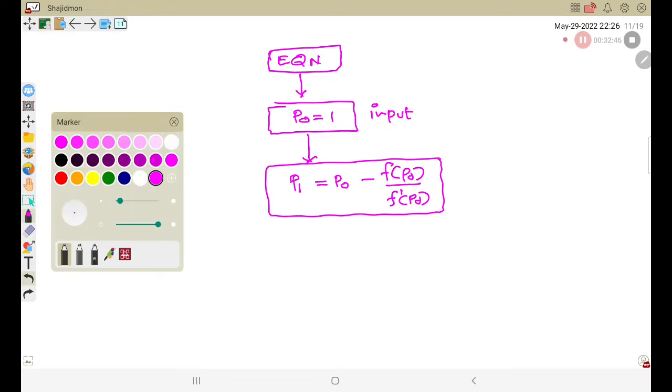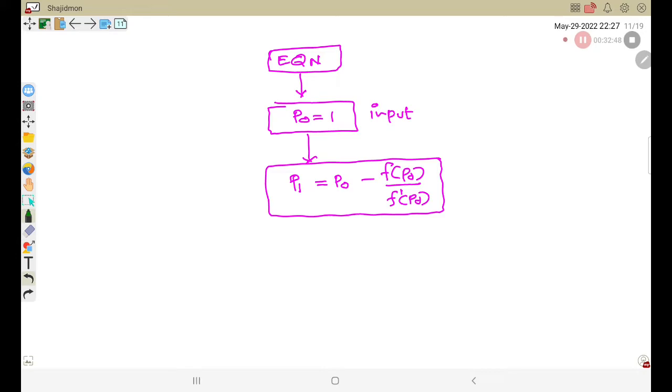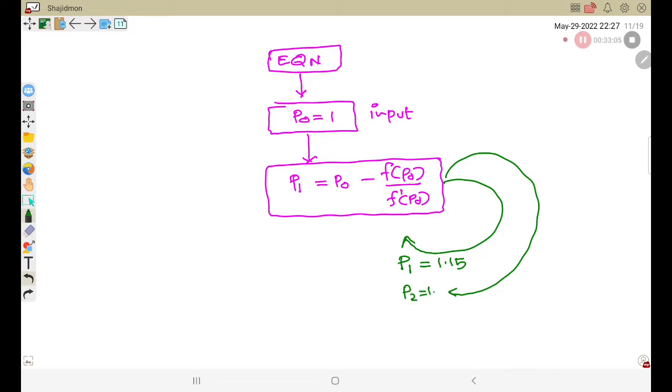Now P1 number we calculated, and when it is calculated, we are getting P1 equal to 1.15. Then again the loop is rotating. It is going to calculate the P2 number. P2 also same number we got.